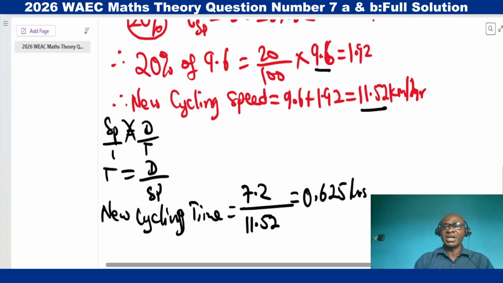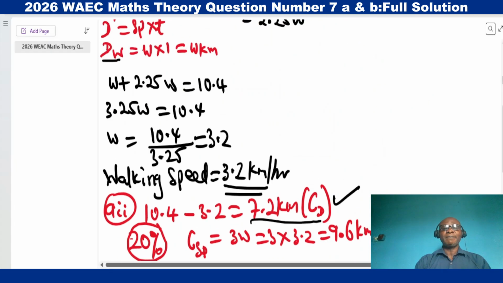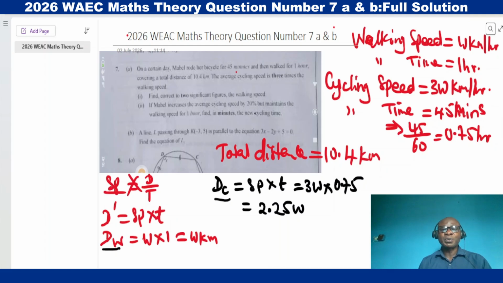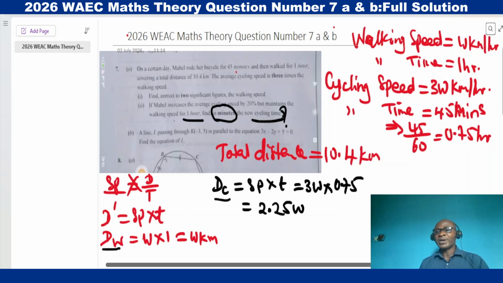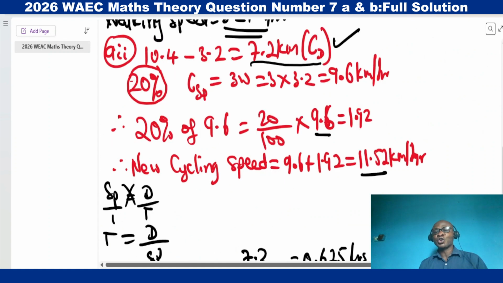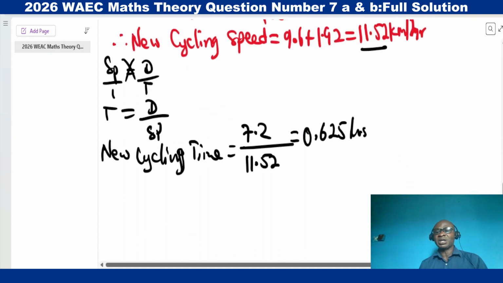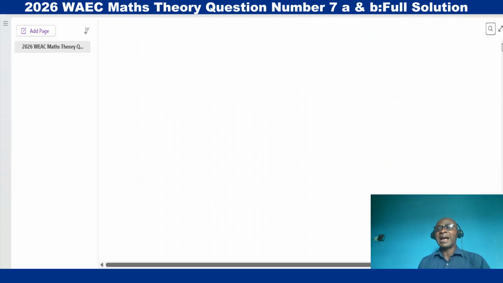But the question has said that the answer should be in minutes. Look at it here: if Mabel increases the average cycling speed by 20%, but maintains the walking speed for 1 hour, find in minutes the new cycling time. That is what we are working for. Therefore, I am going to convert the time I got in hours to minutes, and that becomes the final solution to question II.